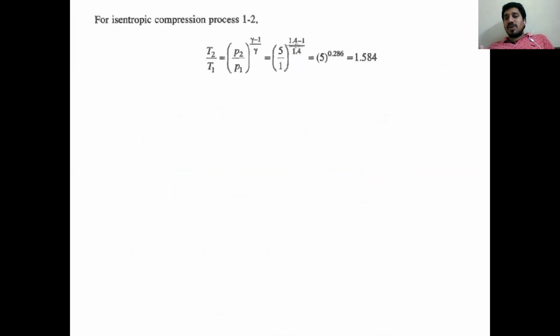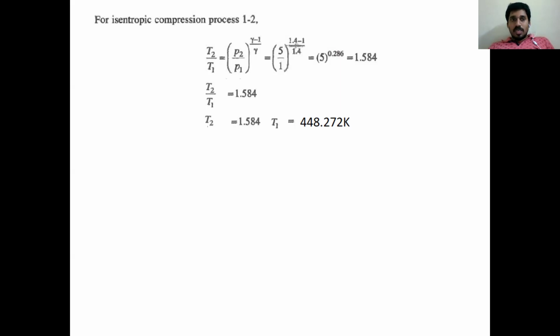P2 is 5, P1 is 1, gamma is 1.4. So the ratio T2 by T1 comes as 1.584. Then T2 is equal to 1.584 T1. With T1 as 283, finally T2 is 448.272 Kelvin.